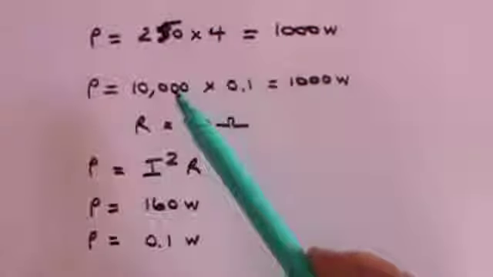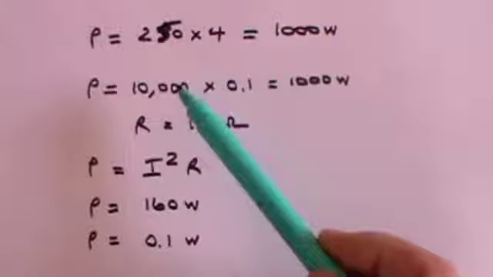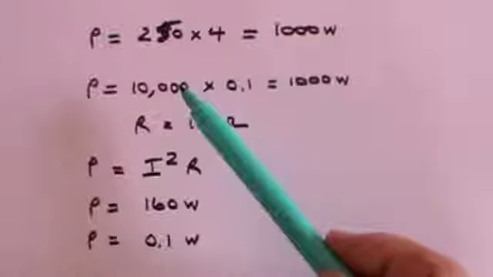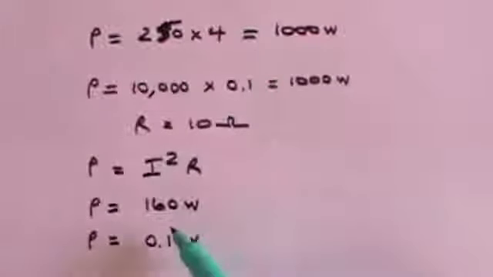If you go up to 10,000 volts, your power loss is 0.1 watts, very, very much smaller. You don't waste as much electricity. So that's the reason why we send the electricity supply at the highest possible voltage, so that we reduce the current and thus reduce the power loss.